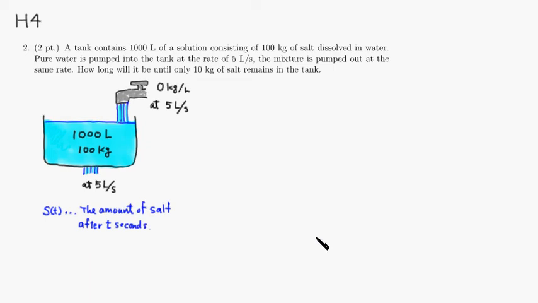Let's look at the rate of change of the amount of salt, so ds over dt. Then we have to think about how much salt is added to this solution.